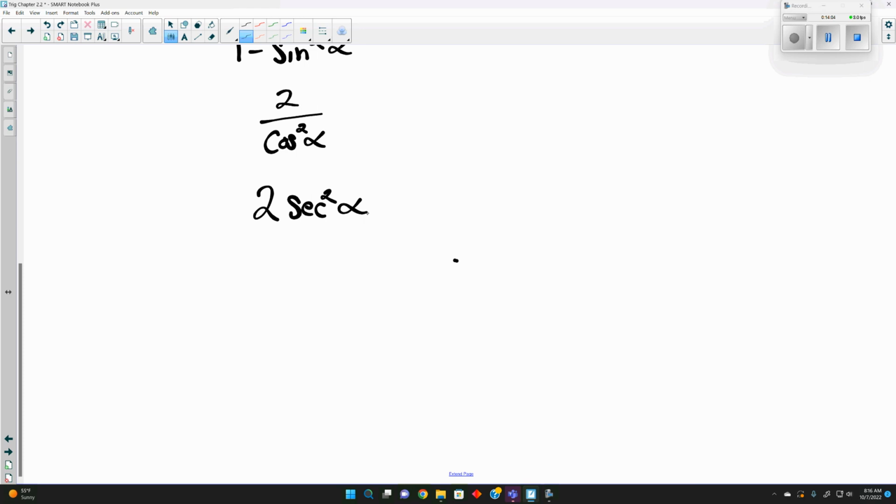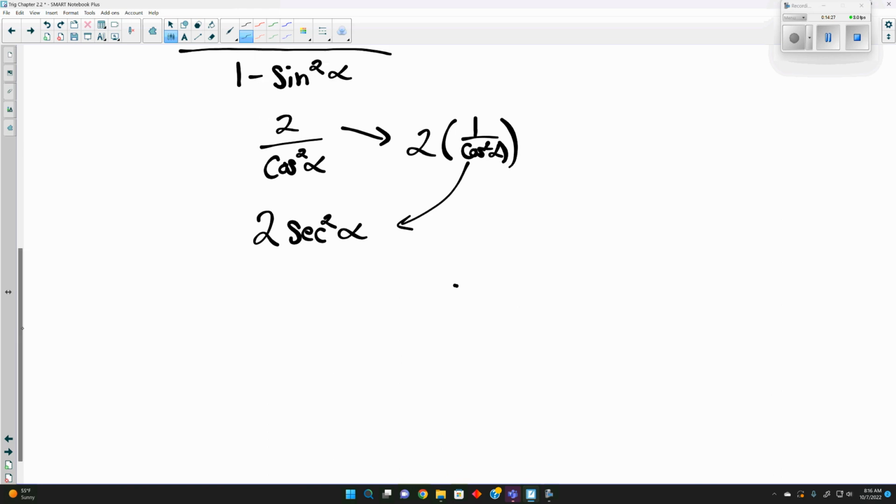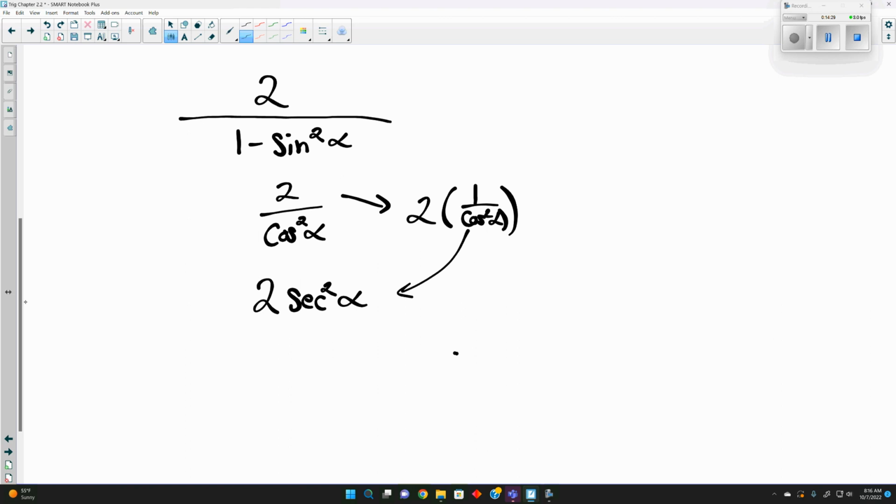They might like you to rewrite it as an in-between step as 2 times 1 over cosine squared of alpha. Because noticing that the 1 over, we flip it to get there, but still the same thing. Questions on this here?